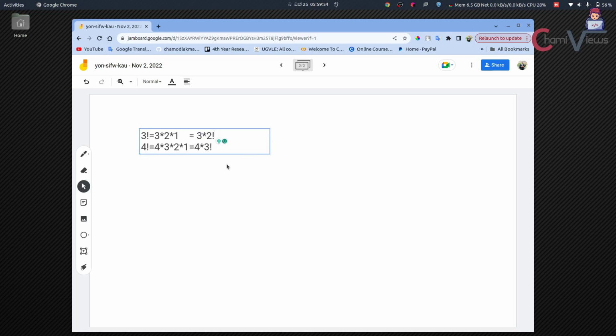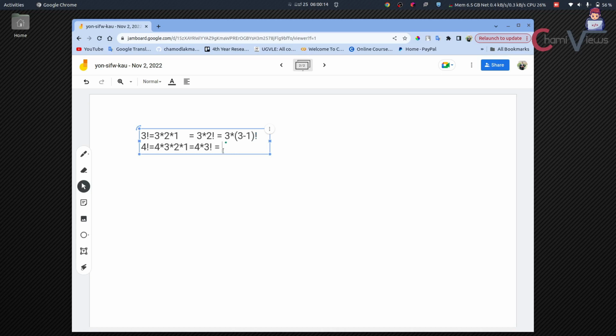Hope you got that. Here we can also write it this way: 3 multiplied by (3 minus 1) factorial. This is the factorial mark.